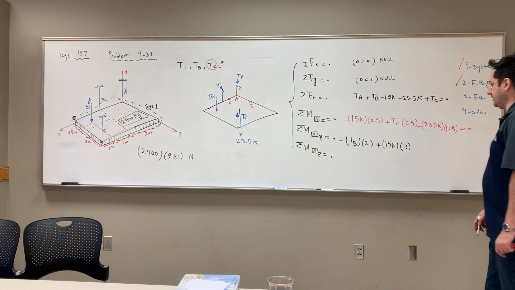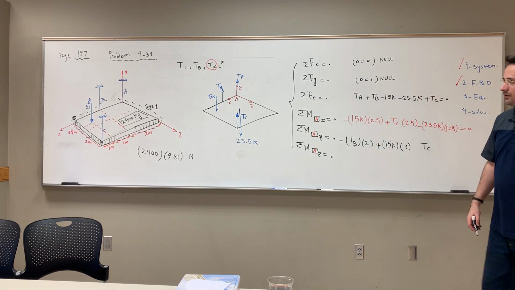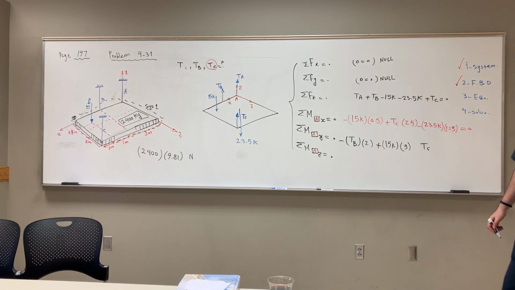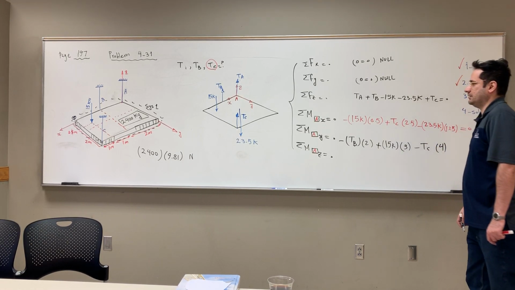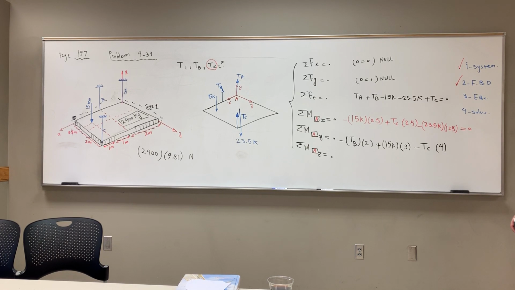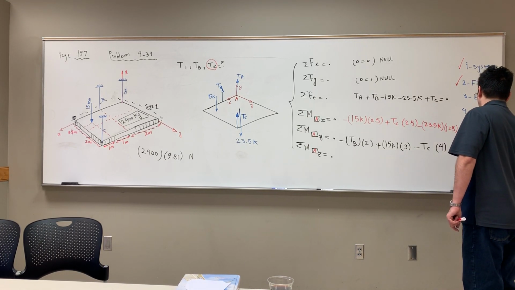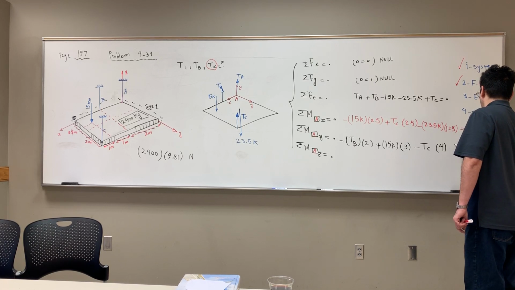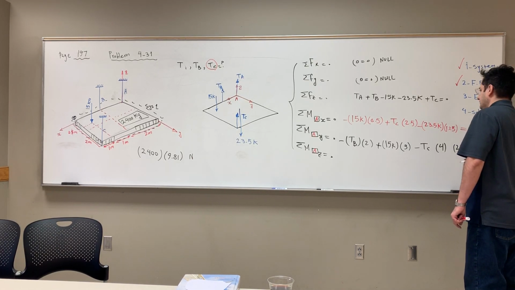Next one, TC. TC times 4, positive or negative? Negative. Thank you. And the last one, 23.5K times 2, positive or negative? Positive.